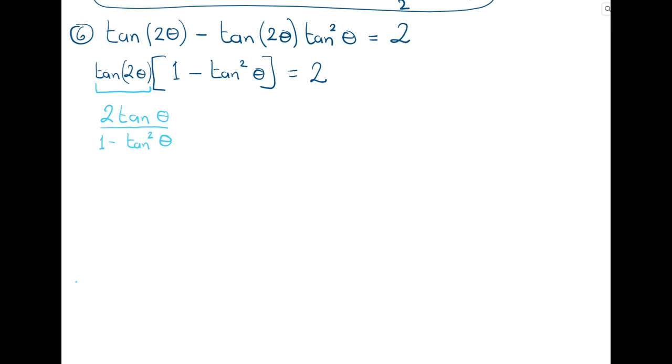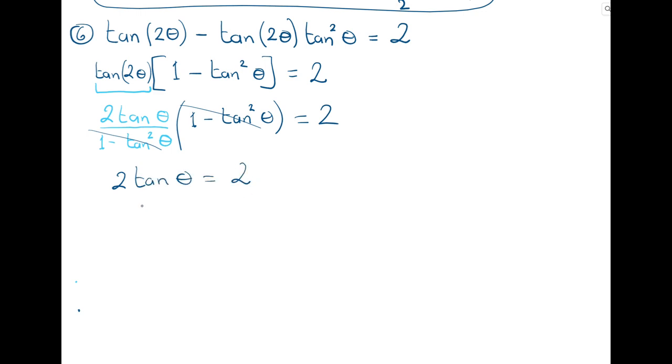So that will be the double angle for tangent, and that's multiplied by still that 1 minus tangent squared theta equals 2. When you're looking at that, can you see how, oh, nice, right? That's just a 1.